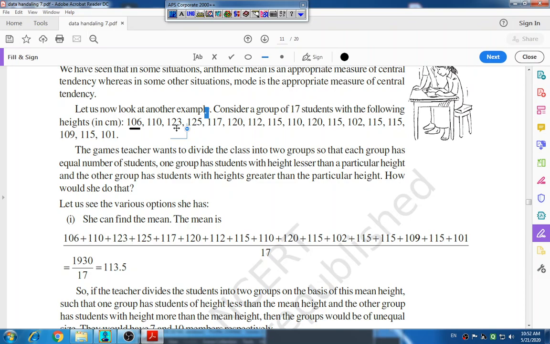So 7 students have height lesser than the mean of the students' heights, and the other remaining 10 students have height more than the mean height. Like that, the teacher would have 7 and 10 members respectively.